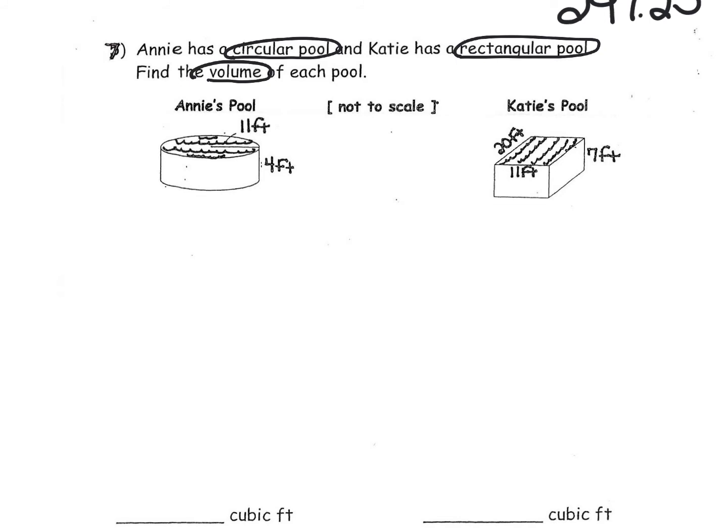And remember, these pictures are not to scale, so don't make any decisions based on the look of the pictures. Let's take a look at Annie's pool. We can see that Annie's pool has a height of 4 feet and a radius of 11 feet.